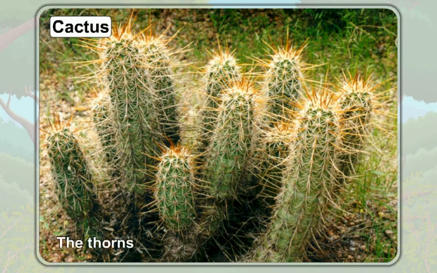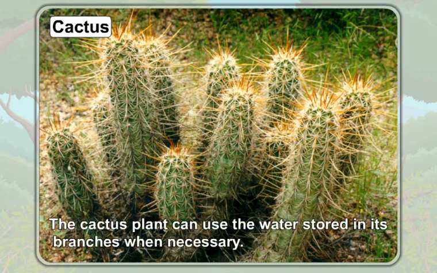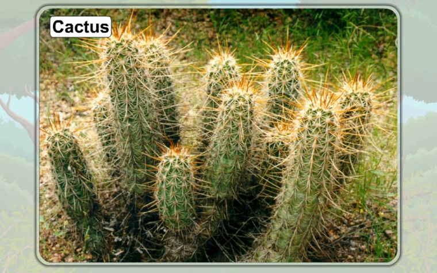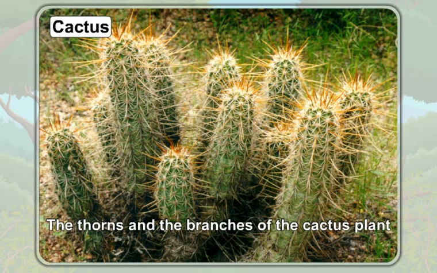So, the thorns help a cactus plant to save water. The branches of a cactus plant can store more water in them. So, it can use the water when necessary. So, the thorns and the branches of the cactus plant help it to survive in the desert.